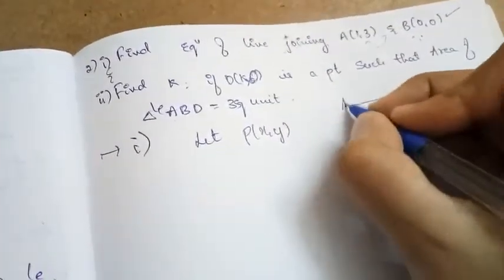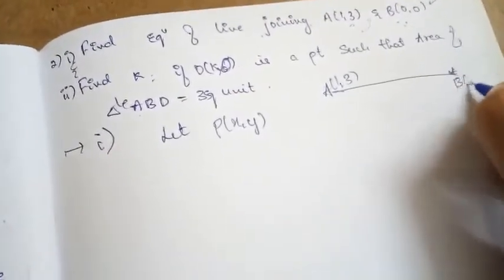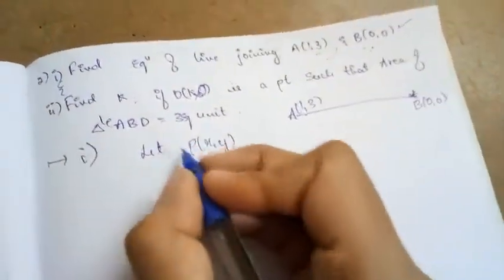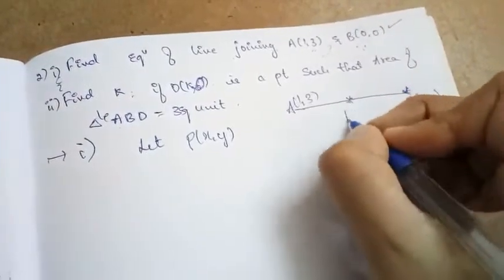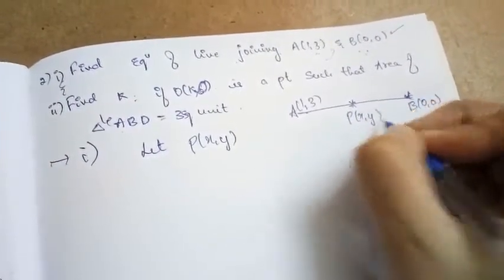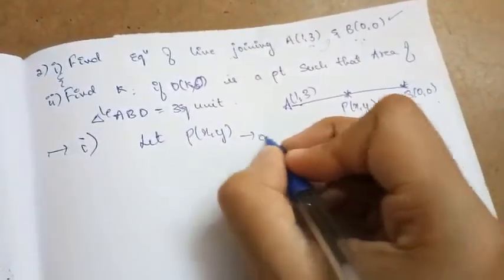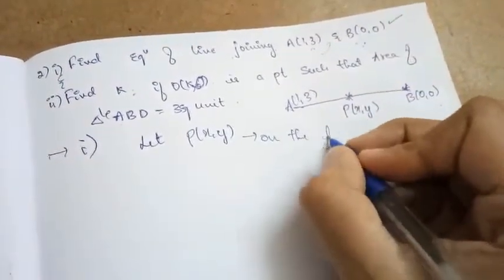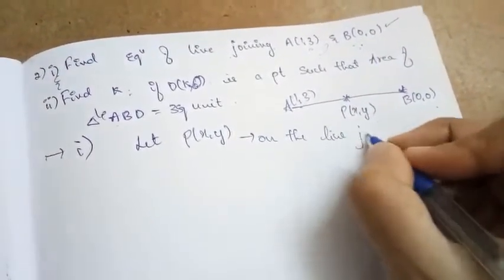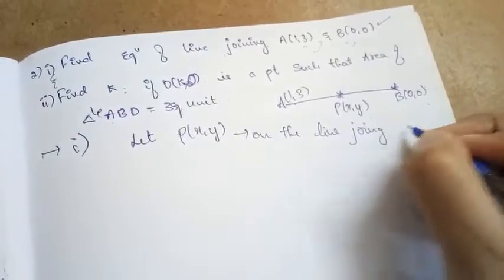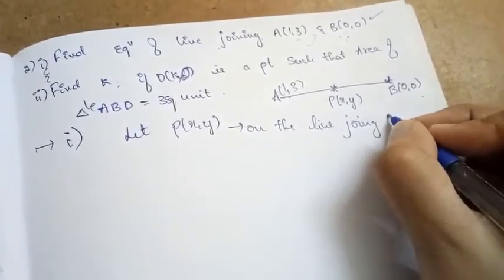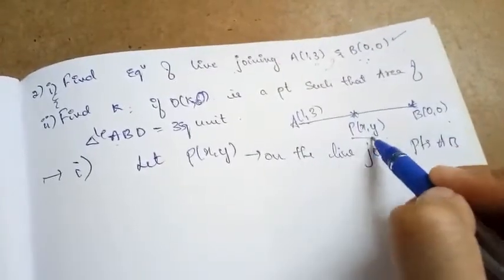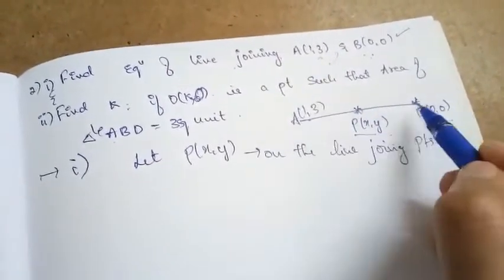If this one is A, which is 1 comma 3, and this one is B, which is 0 comma 0, I am considering point P(x, y) on the line joining the points A and B.